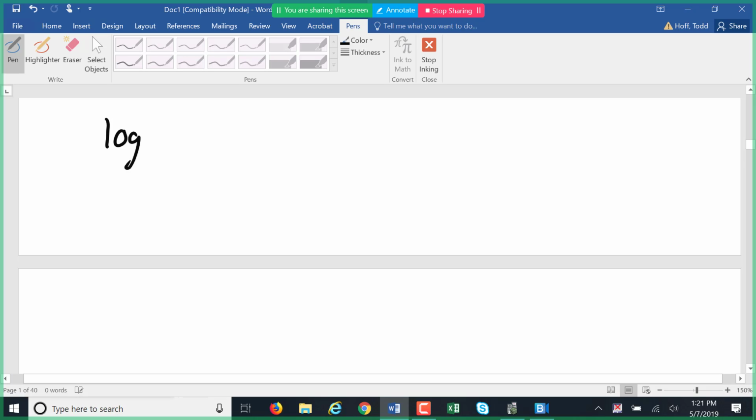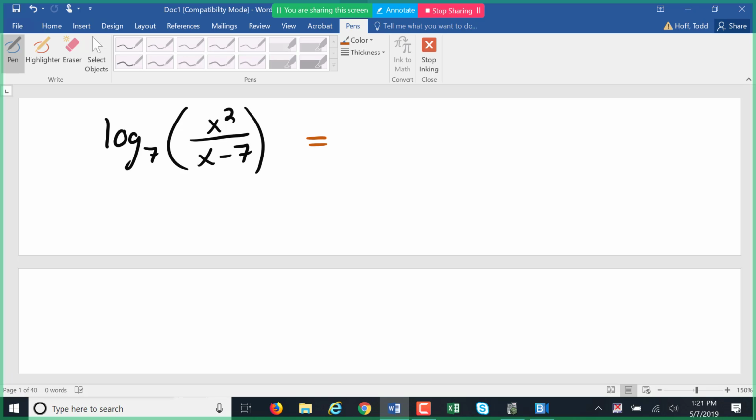For example, let's do log base 7 of x squared over x minus 7. I can separate that into what two independent logs? Actually, 3 independent logs here.